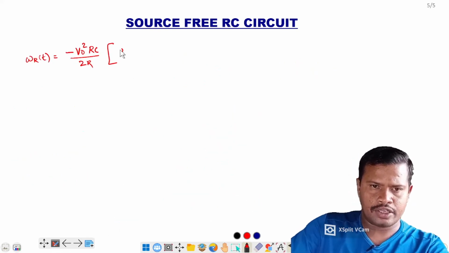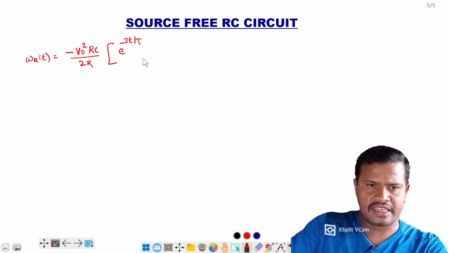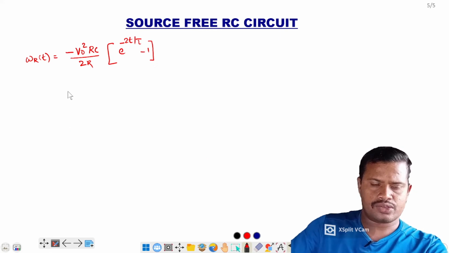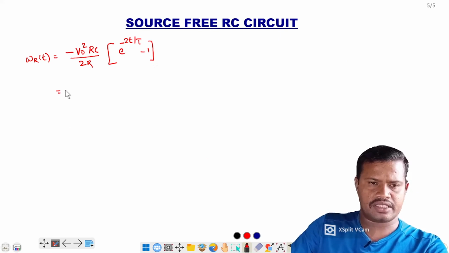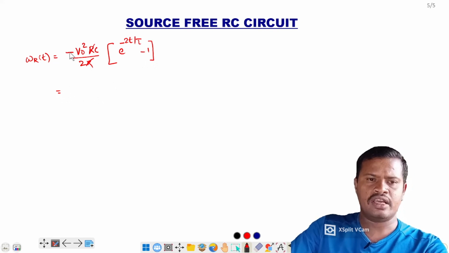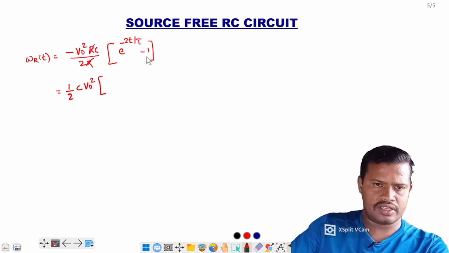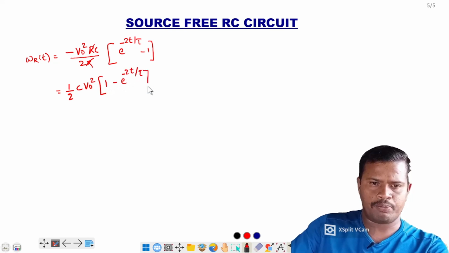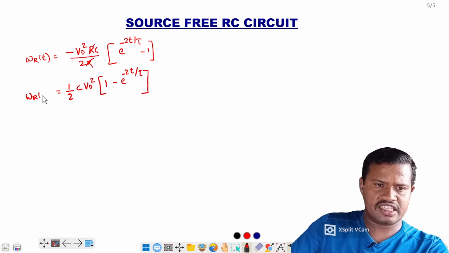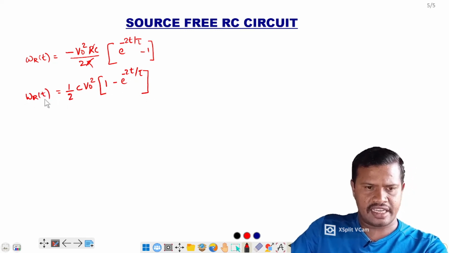On further simplification, the R will get cancelled out, and the remaining term, minus V naught square C by 2, when multiplied with the internal terms, becomes 1 by 2 C V naught square into 1 minus e to the power of minus 2t by tau. This is the amount of energy dissipated by the resistor at time t.